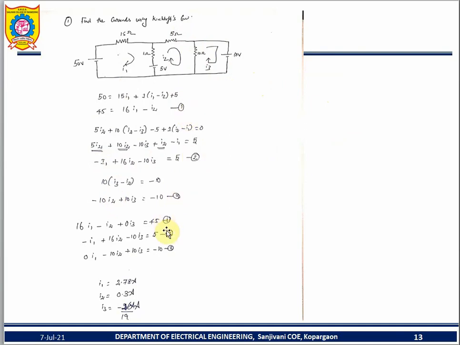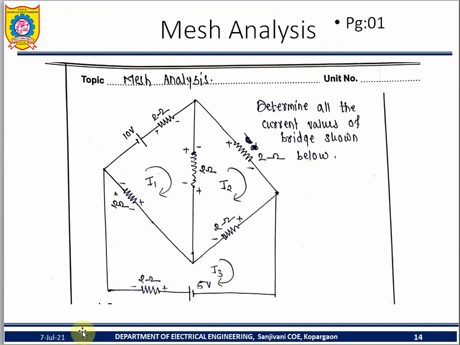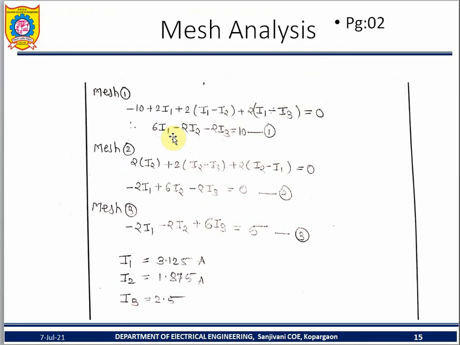Simplify and you will get I1, I2, I3. So this is nothing but mesh analysis. Take another example: same first equation, second equation, third equation, and substitute to find the answer. Due to the time constraint, we're going to stop here. We'll look at the remaining topic in the next class. Yes, sir.